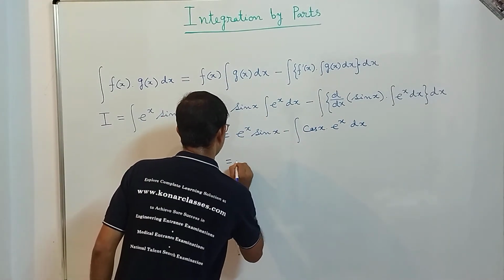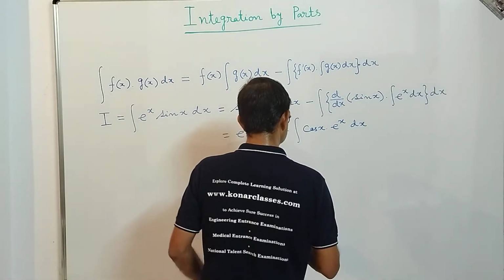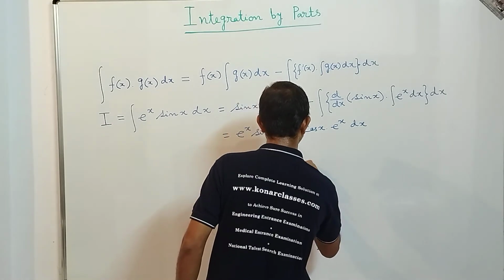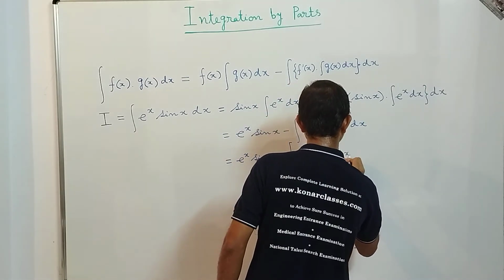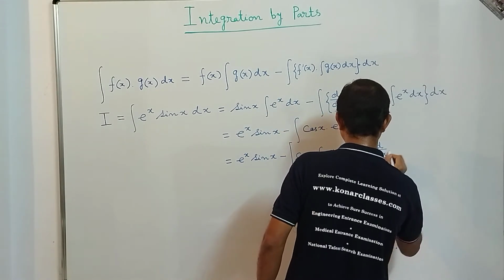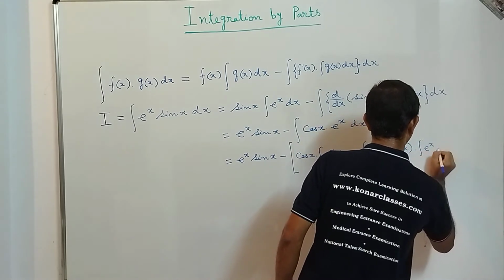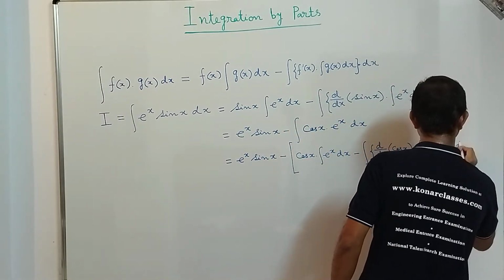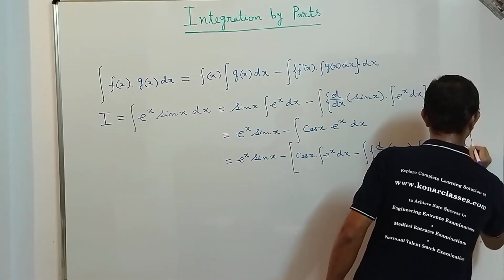This is equal to e^x into sin x minus, let's keep this entire integration like this: cos x into integration of e^x dx, minus integration of d/dx of cos x into integration of e^x dx, complete dx. And we can complete the bracket here.